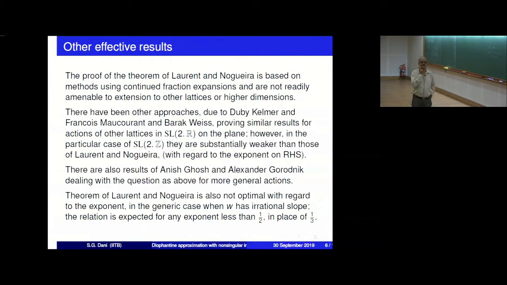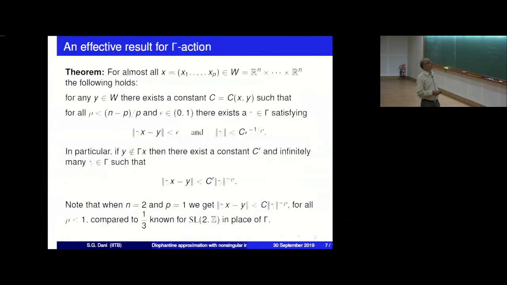So we then decided to look at something that may be similar, in which we may have better luck. And here is a theorem which is with Nogueira, this is myself and Nogueira, and for gamma, and this will be the main result to report.